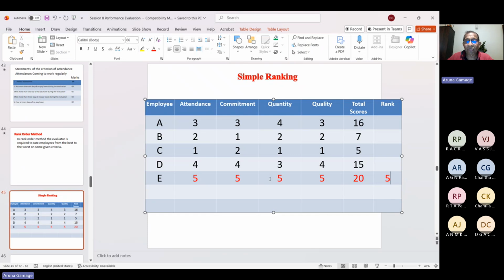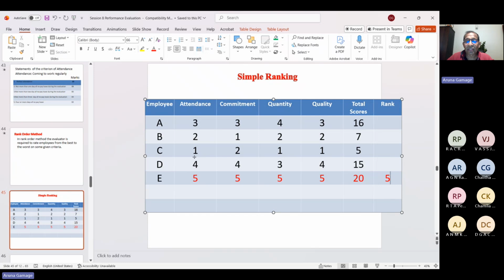These work as labels. In that case, C has got the lowest number. That means he has been number 1 on 3 occasions, in terms of attendance, quantity, quality.